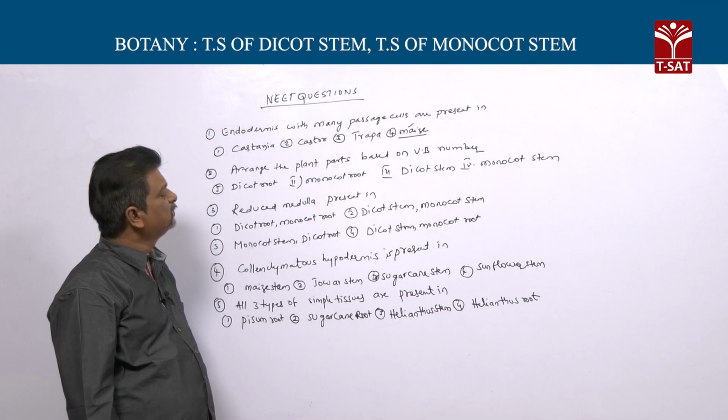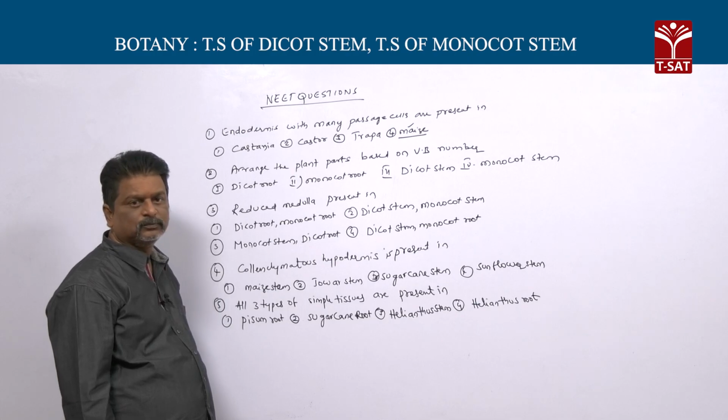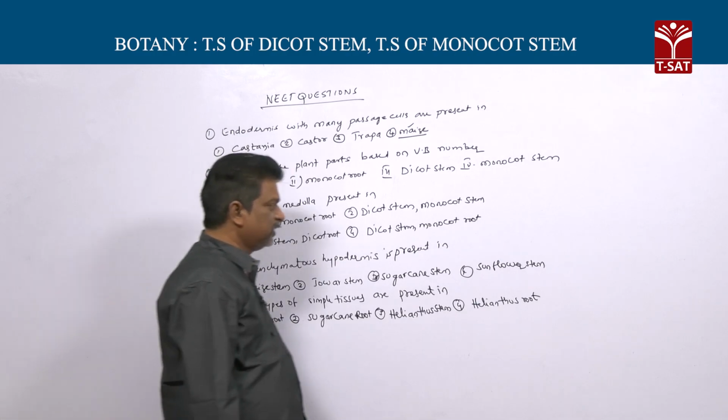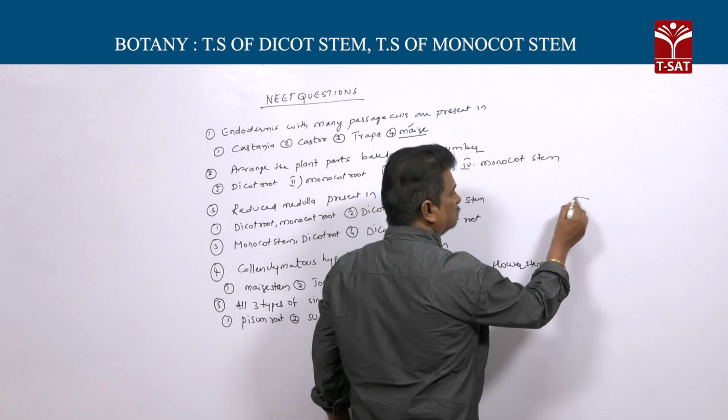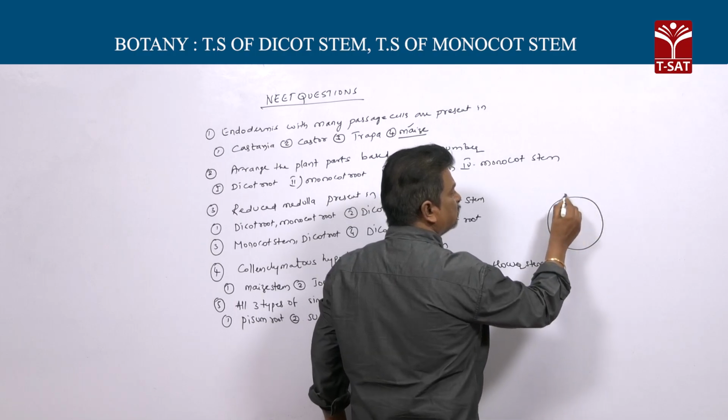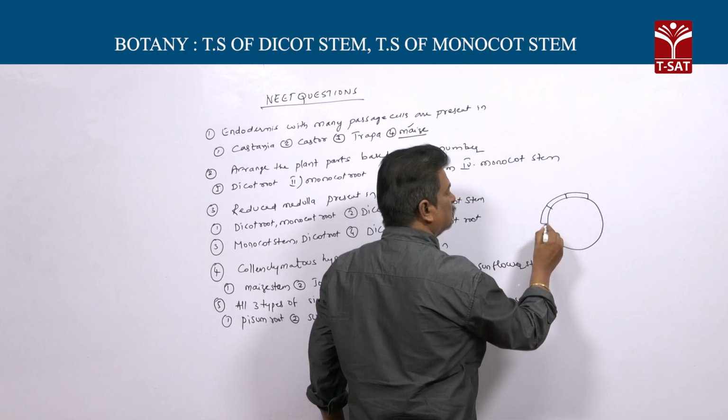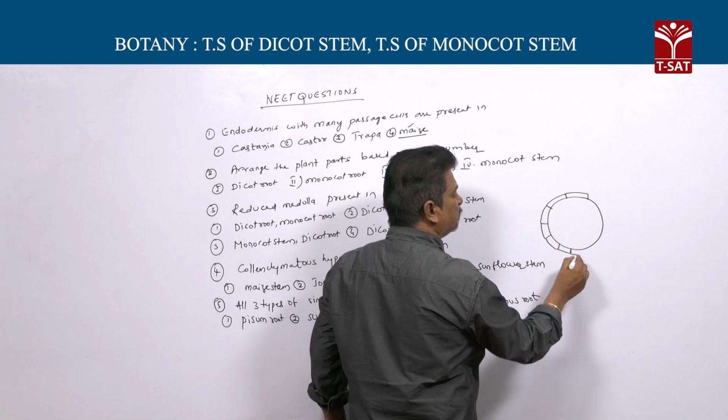Endodermis with many passage cells is present in which? Actually, the answer is monocot root. What is a passage cell actually? Passage cell means your endodermis contains Casparian thickenings.